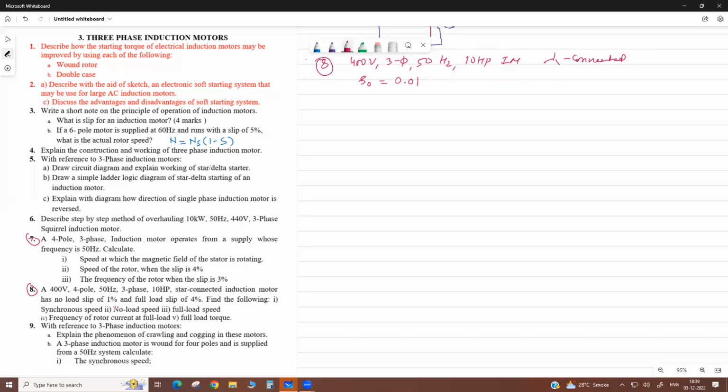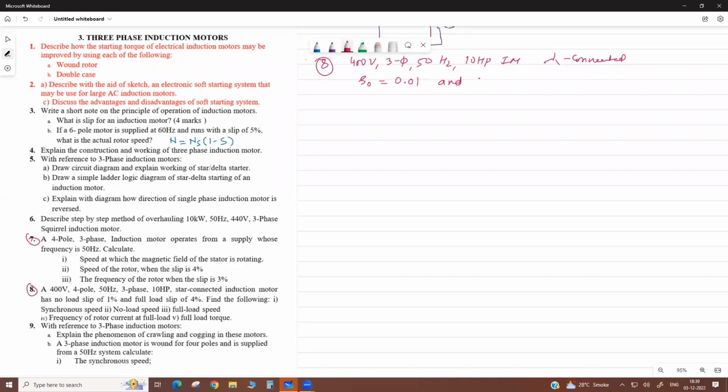At no load, the slip is low and motor speed is higher. The rotor draws low current, but at full load, high current is drawn because when we put the load, slip increases, and then the motor draws more current.